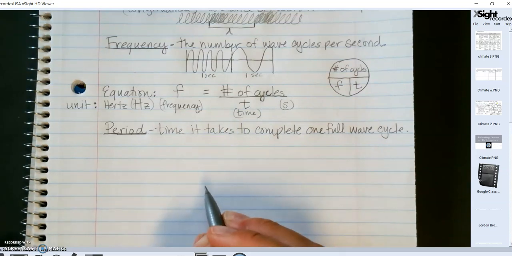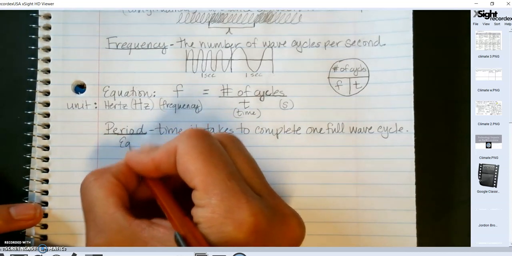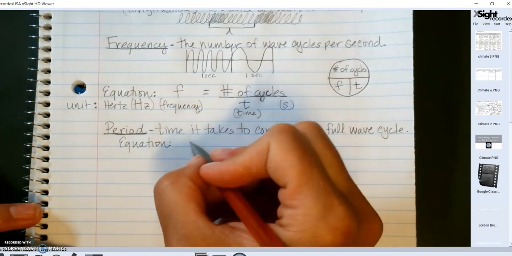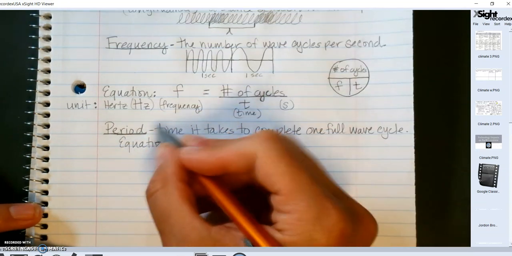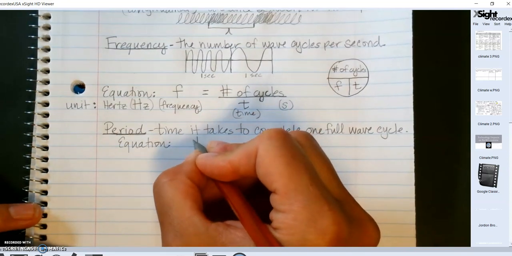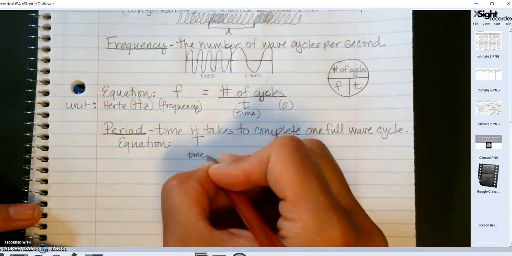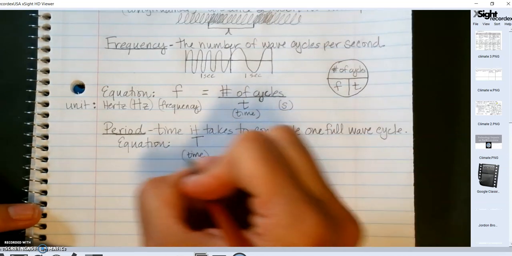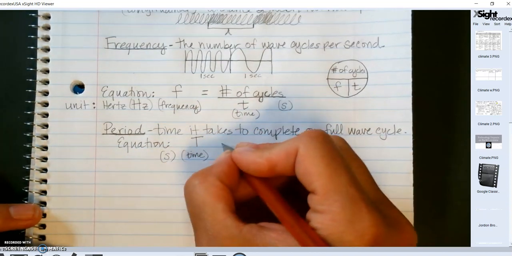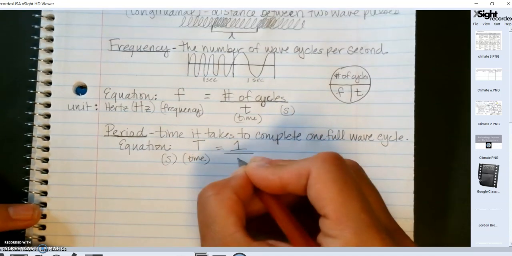Okay? So there is the equation that we're going to use here. Instead of saying period, we know it's a time. So it's going to be time in seconds, remember, equal to 1 over frequency.